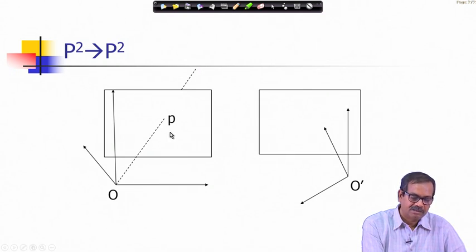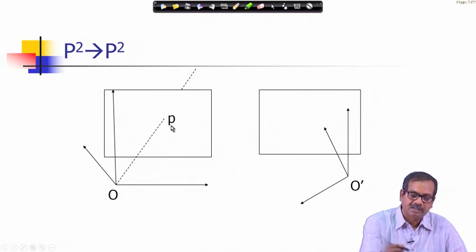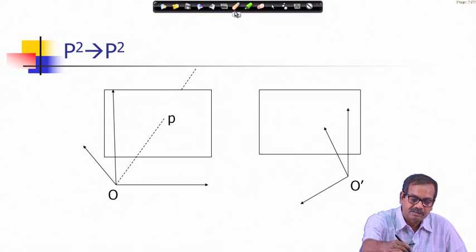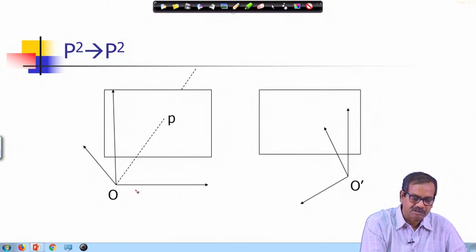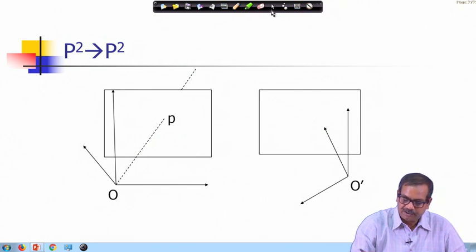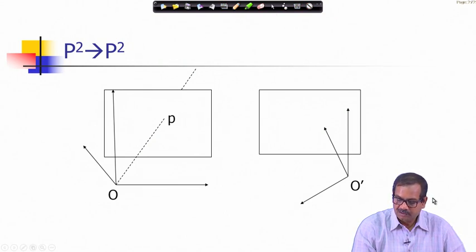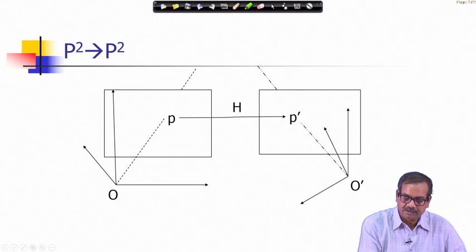We know that any point in the canonical space is represented by a ray connecting to the center of projection, and a point in the transformed space is also represented in this form.